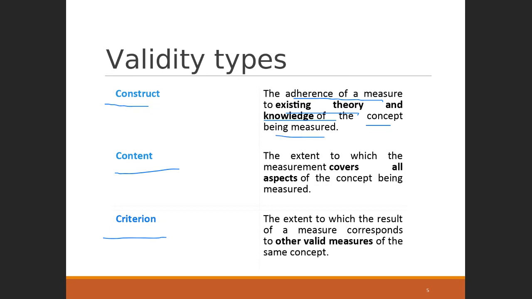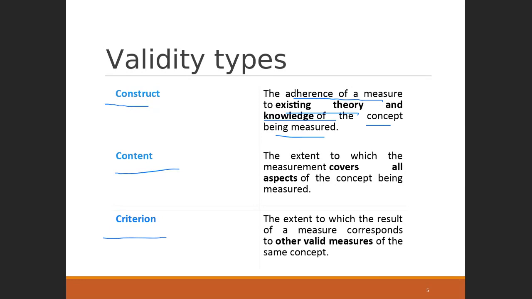So construct validity evaluates whether a measurement tool really represents the thing we are interested in measuring. Construct validity is about ensuring that the method of measurement matches the construct you want to measure. If you develop a questionnaire to measure job satisfaction, you need to know, does the questionnaire really measure the construct of job satisfaction?